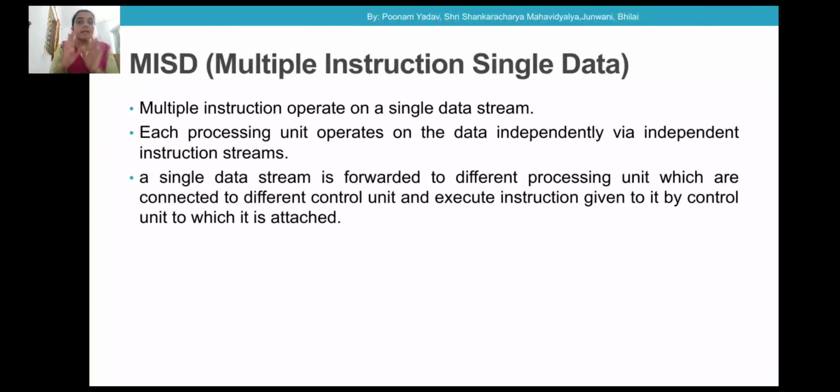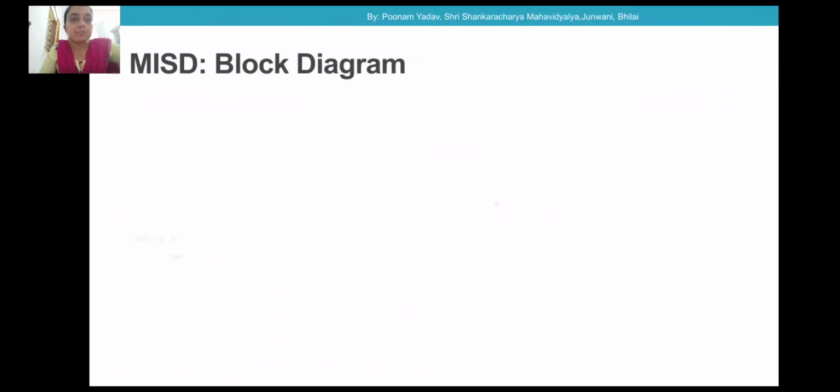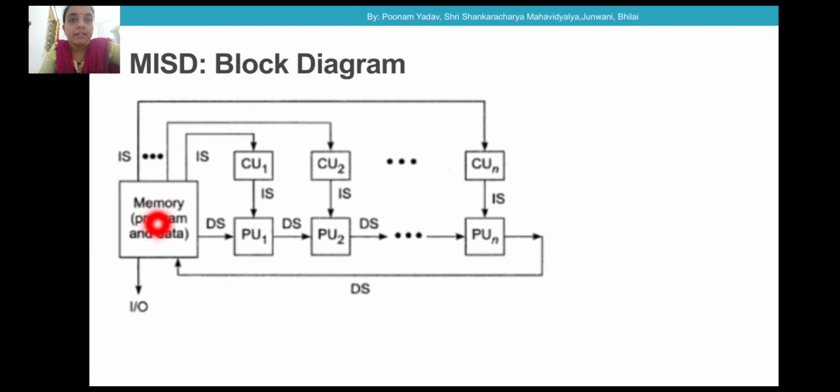Here what will happen is there is an array of processors, connected as an array, and the data is sent one by one to different processors. Like here you can see memory, data and program. Here the program and data are stored. Here are the instructions, and different instructions are given to different CUs.